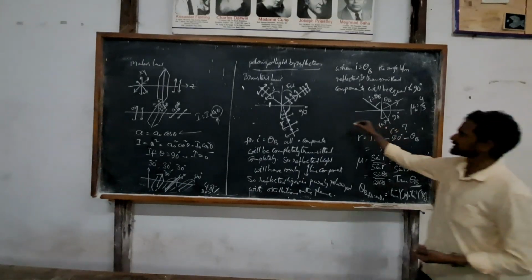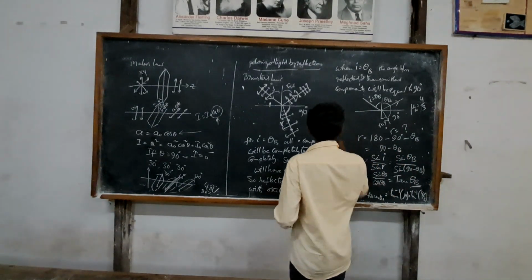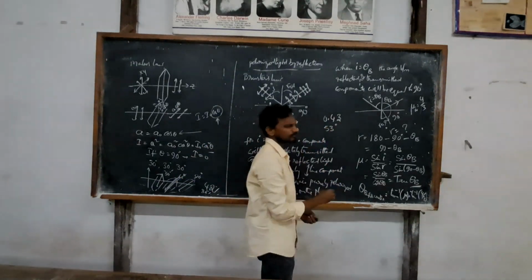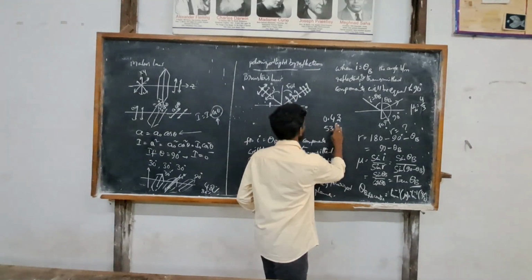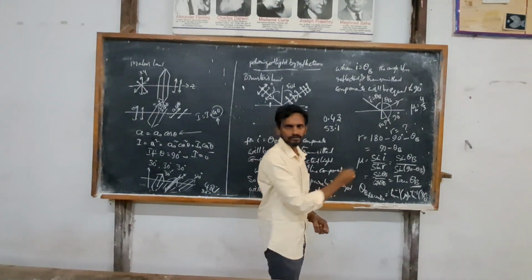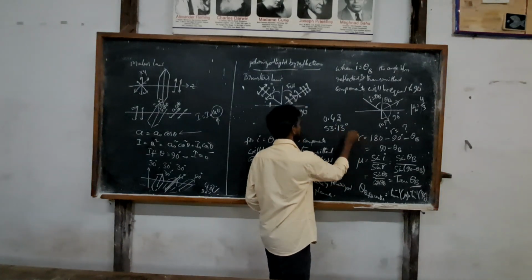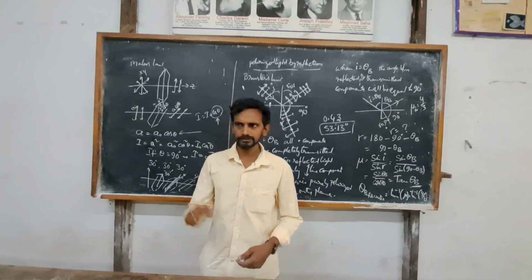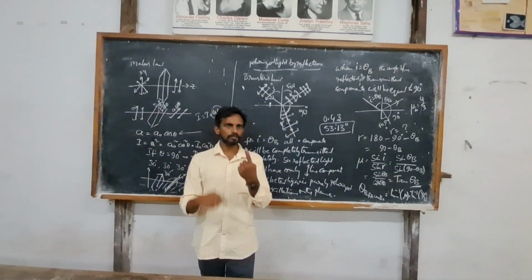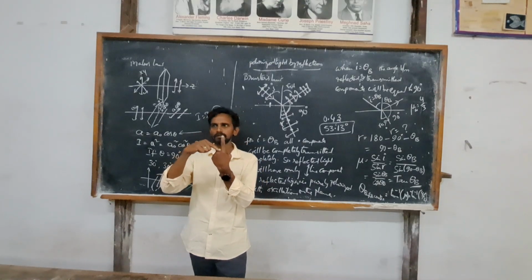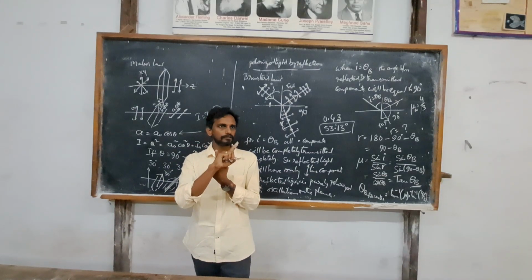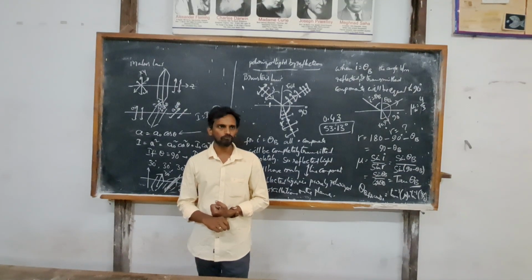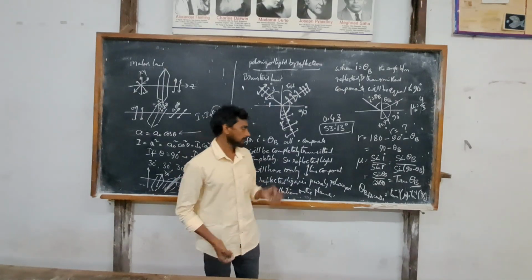In radians it is 0.43, 53 degrees, 53.1813. So if you incident light at 53 degrees to the normal, the reflected light will be completely polarized in the case of water. Okay, others can be calculated.